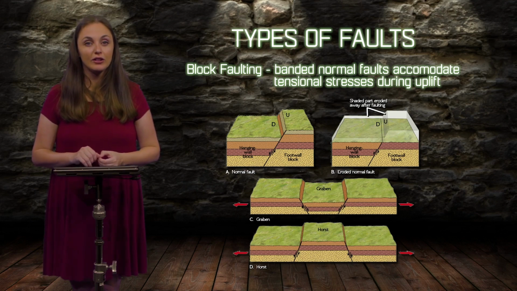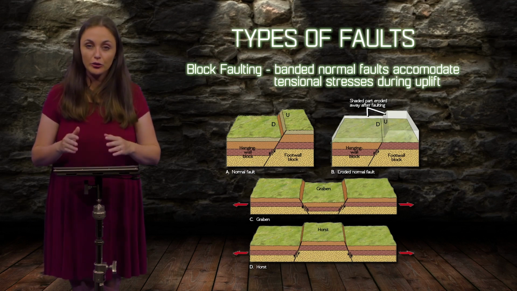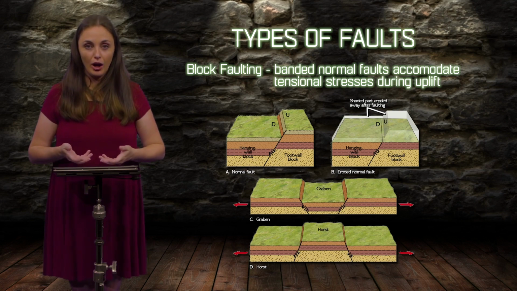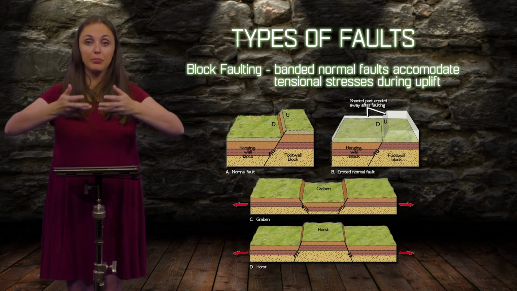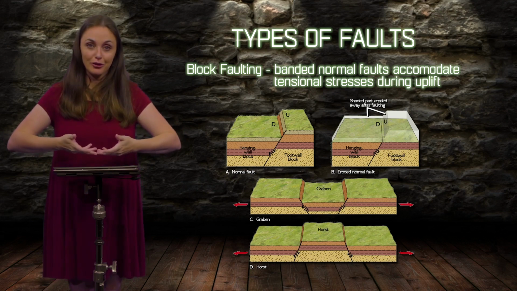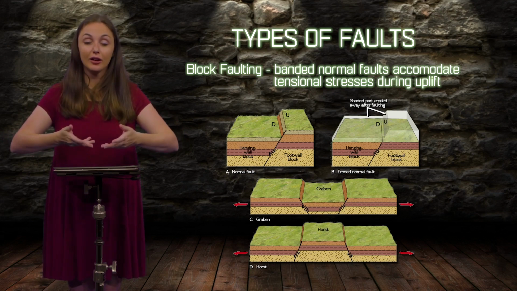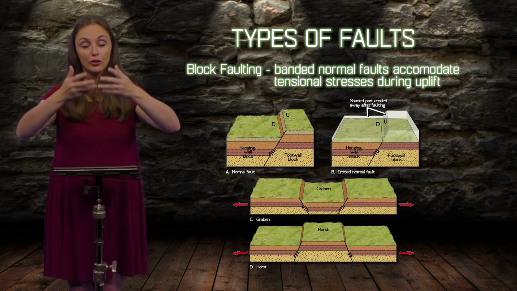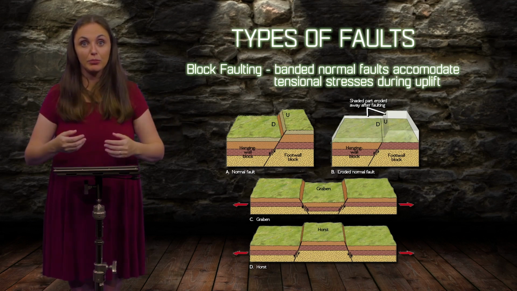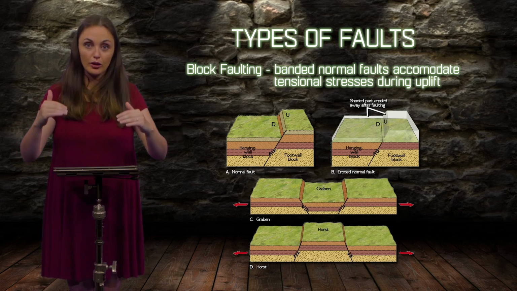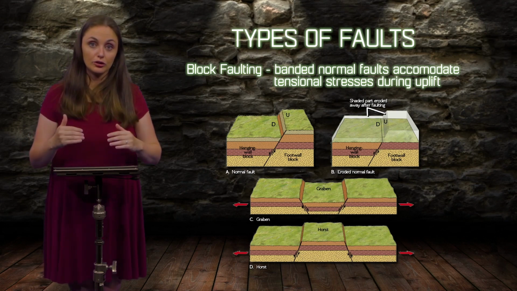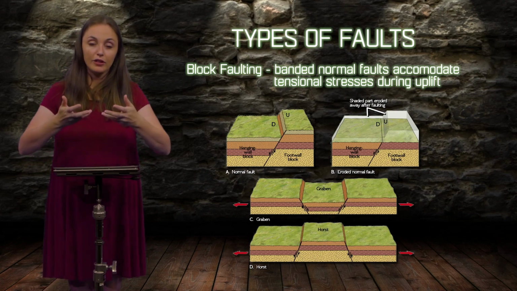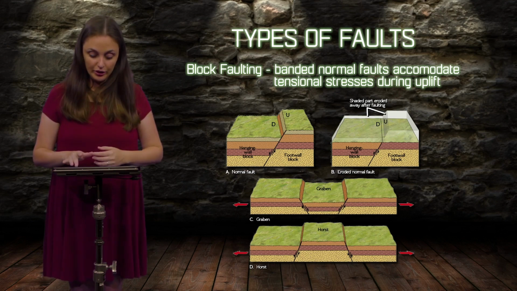So you've got all of these individual faults, all normal faults, that are all allowing for the overall mountains to be uplifted. What's going to allow this to happen is that some is going to be uplifted more. Those are the Horst structures. Those are going to be the uplifted blocks. The Graben structures are going to be dropped down a little bit relative to the Horst structures. But then all of this is moving upwards altogether.